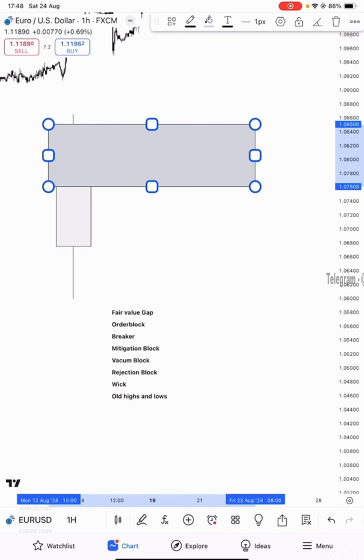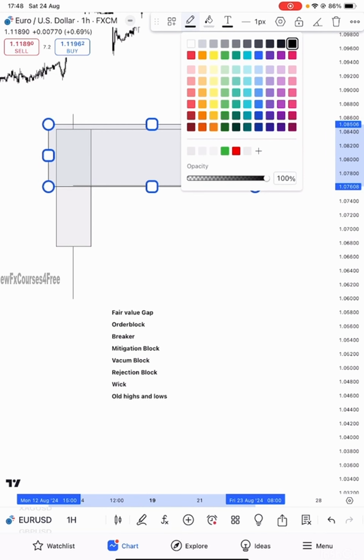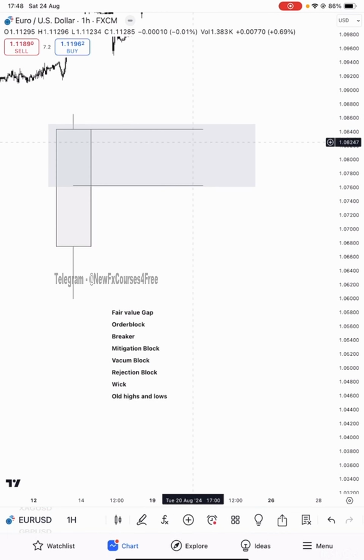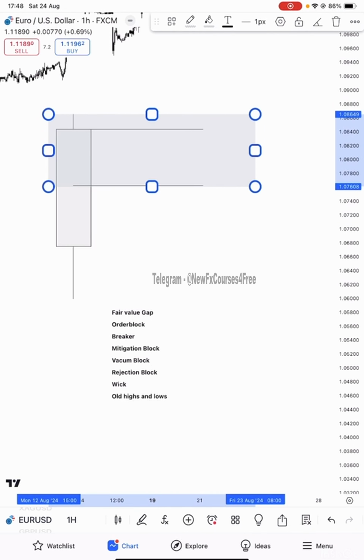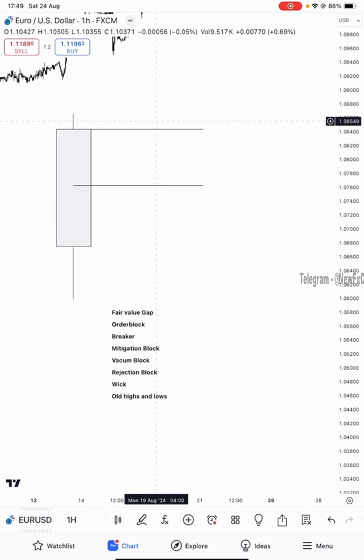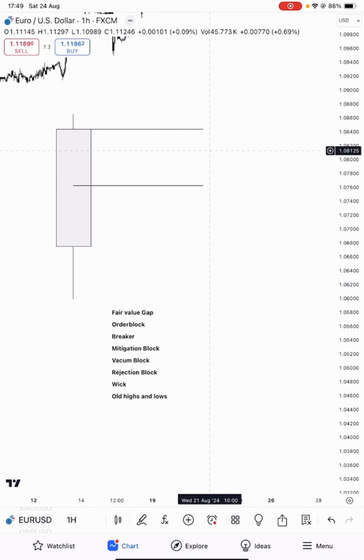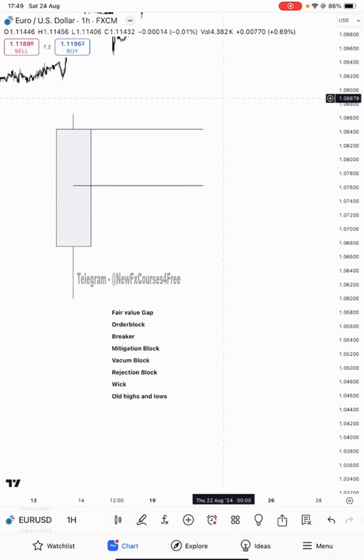you should see price remaining in this area from the wick to the 50%. If price closes below, and this is important on a higher time frame, if price closes below the opening price, it's reasonable to expect it to reach the 50%.